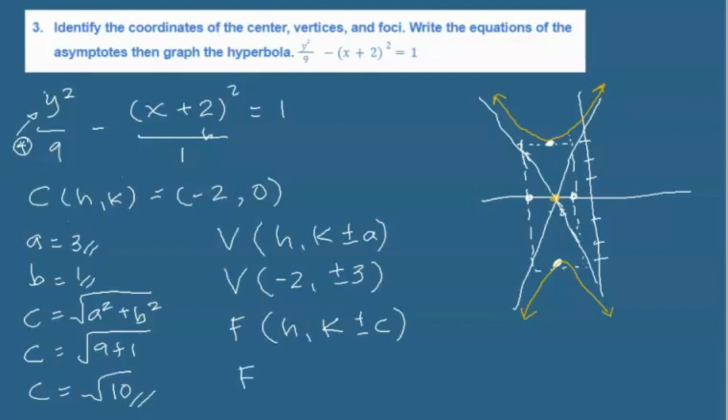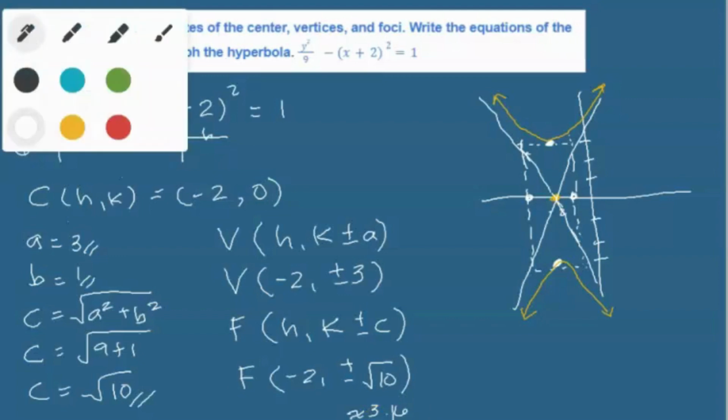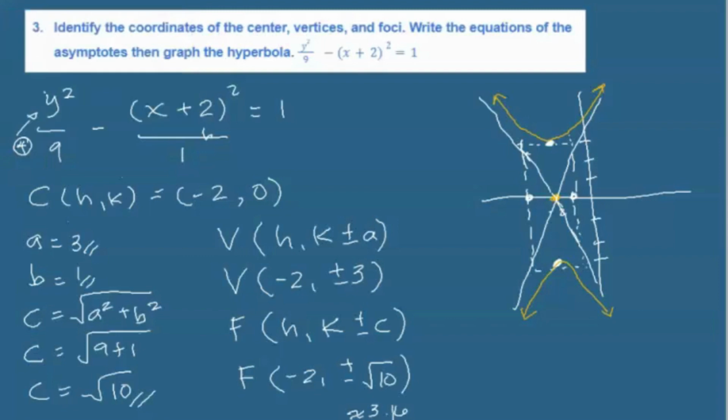So for this problem, we have (-2, 0 plus or minus the square root of 10). And the square root of 10 is about 3.16. So let's graph our foci, so somewhere here, and the other one somewhere there.